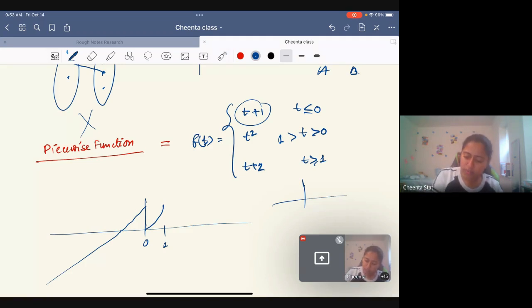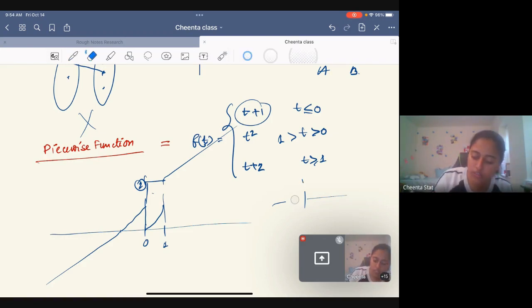And for t plus 2, it will be shifted. Something like that, it will be something from here as well. This is the weird function, whatever I have written here. I didn't think much about the function. The graph will be something like that. I will teach you how to do it. So basically this function is called the piecewise function.